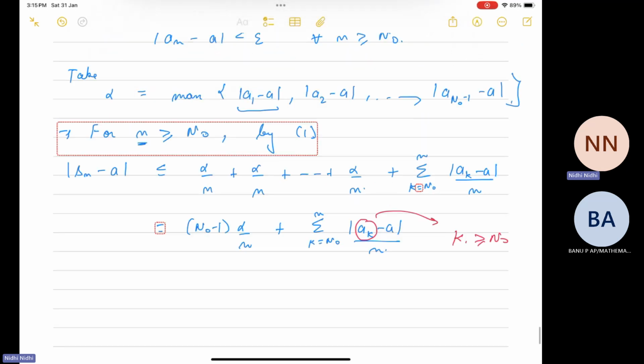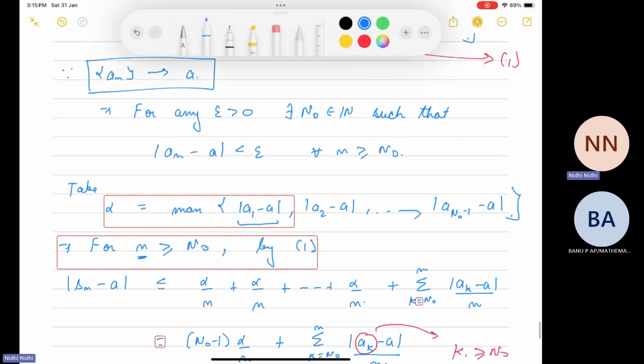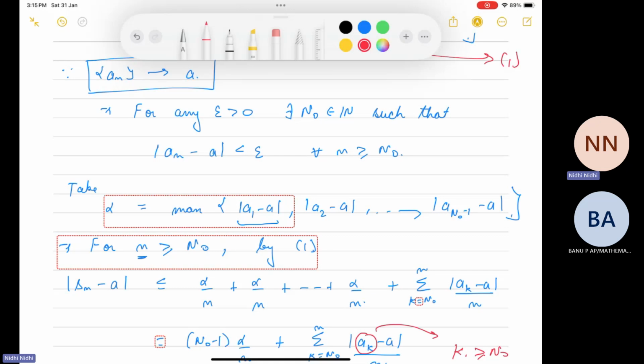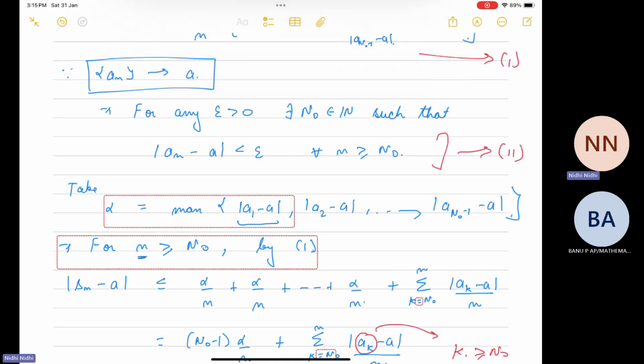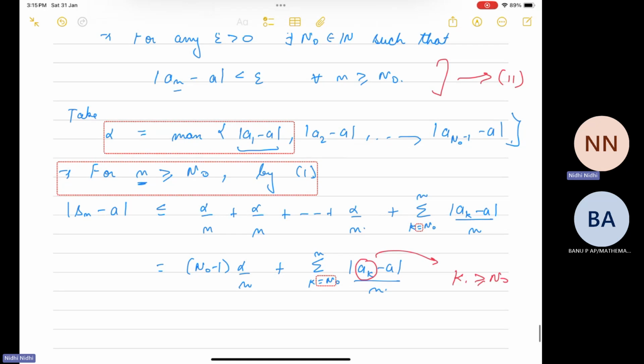And we know that, if I mark this as equation 2, by equation 2, for the subscript greater than or equal to n naught, mod an minus a is less than epsilon.